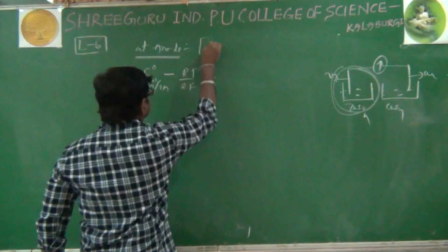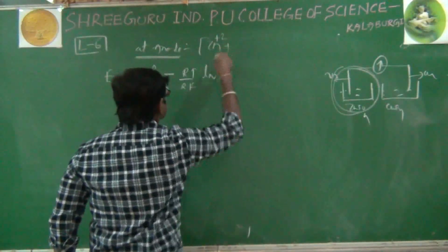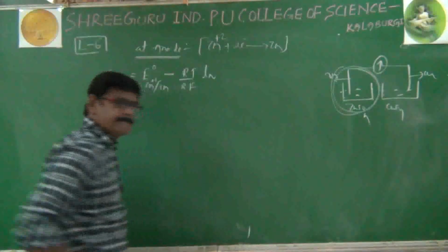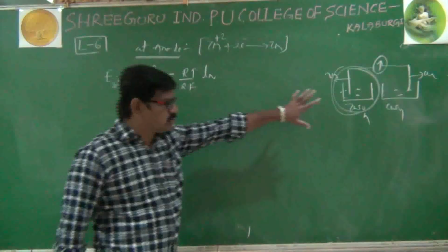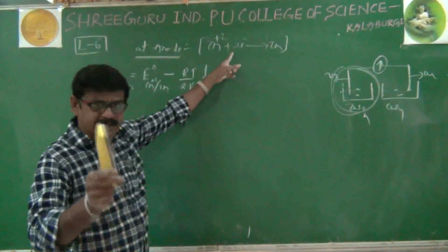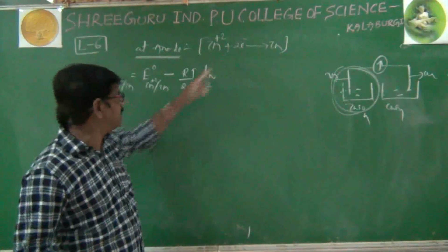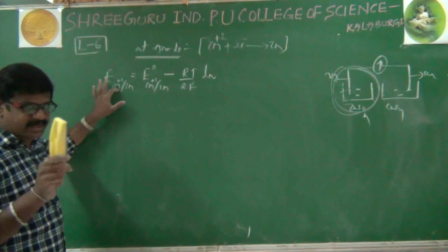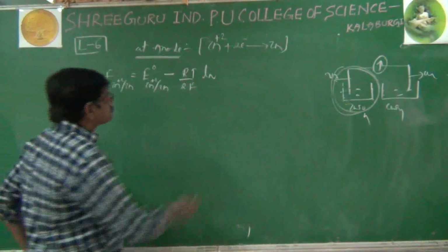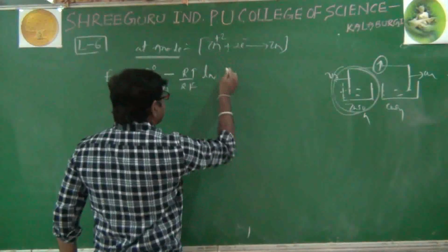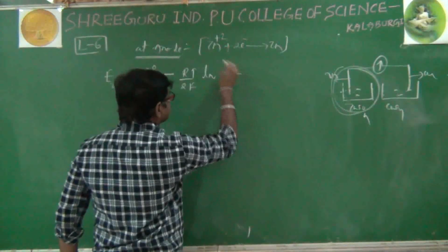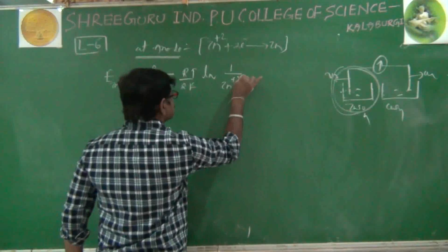For that purpose, we write the reduction reaction of zinc: Zn2+ plus 2 electrons gives Zn. Once again, I'll repeat: even though zinc undergoes oxidation, I have taken the reduction reaction only, because we are using reduction potential values and will calculate reduction potentials only. Ln product by reactant, that is Zn by Zn2+, the Zn concentration of course 1, divided by Zn2+.